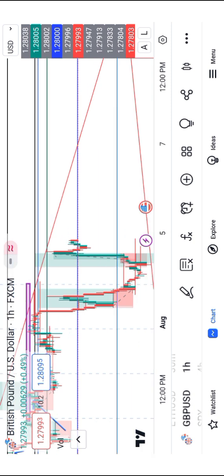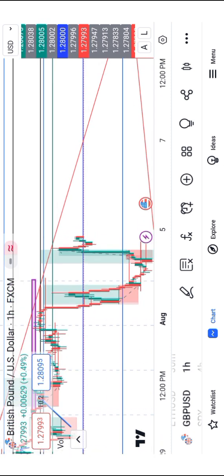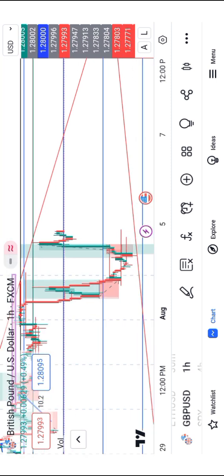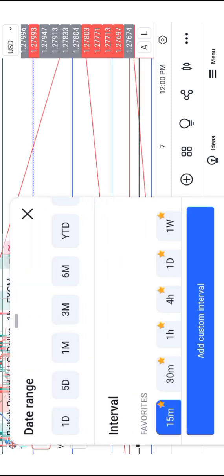So normally I want to say a secret. Anytime there is a push or a bounce off a trend line, we have to see 3 pushes before a correction. So let us see how many pushes price has made. What I do, I go to 15 minutes to look at it.